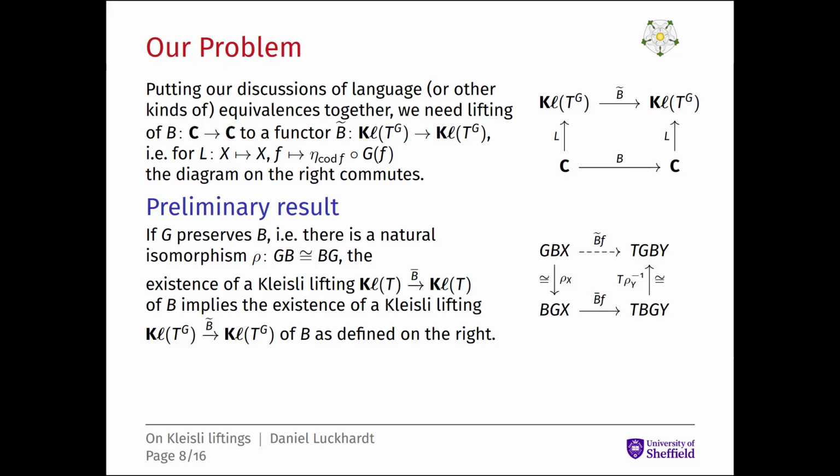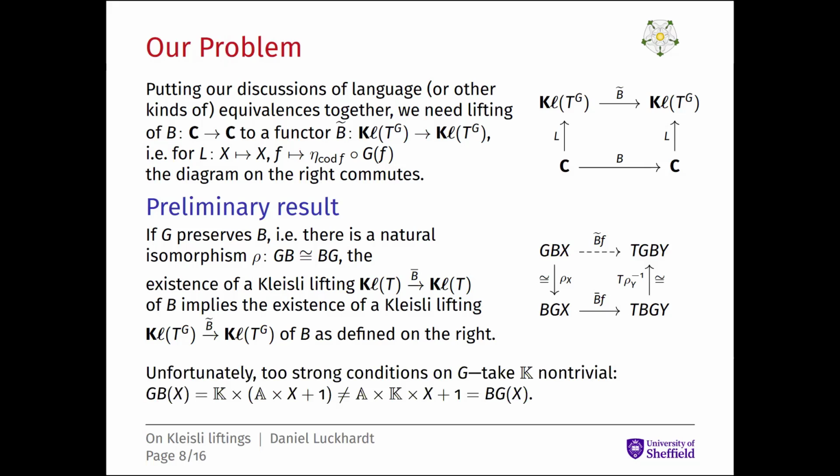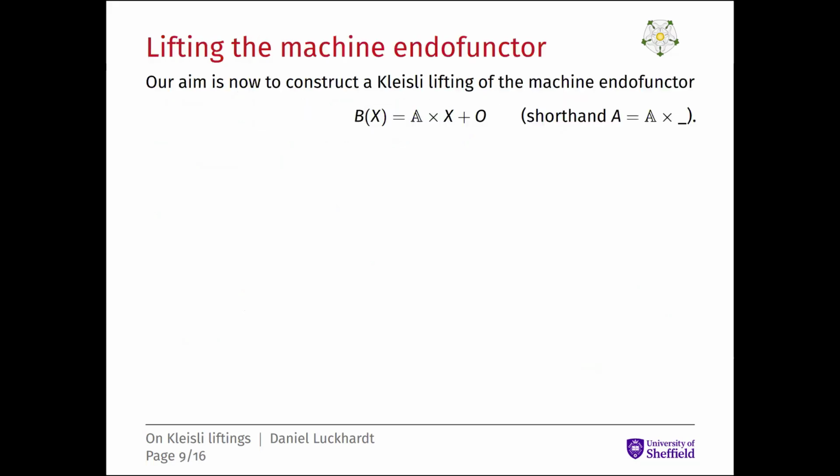But actually that doesn't work because already in our example, we had this functor B, just multiplication with A plus an element. We see that these two expressions are not the same unless K happens to be the singleton. So that's not a solution.